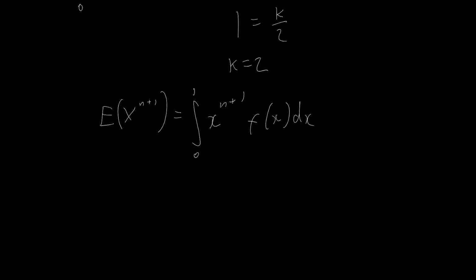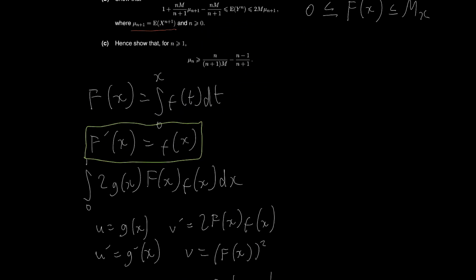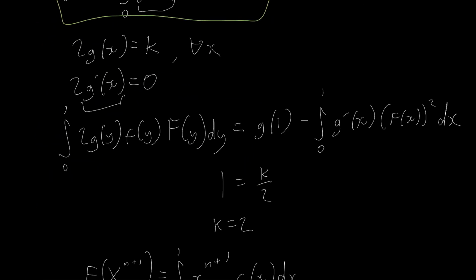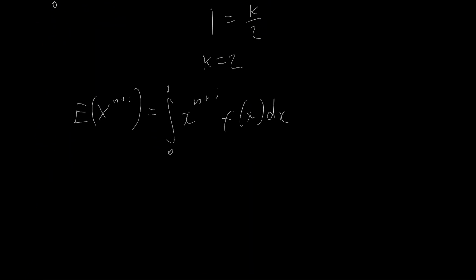Okay, so now we've got that in mind. Let's think about what our middle term was here. We had the expectation of y to the n. We can say pretty much the exact same thing. So we have this integral here, y to the n times the probability density function, which was k f of x.